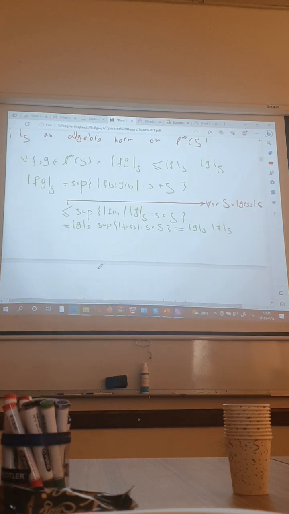And this is a fixed number, not dependent on s, so we can take it outside of the supremum. So this supremum equals the norm of g multiplied by the supremum of |f(s)|, and this supremum equals the norm of f. So the norm of fg is less than or equal to the norm of g multiplied by the norm of f. And we have this property also.